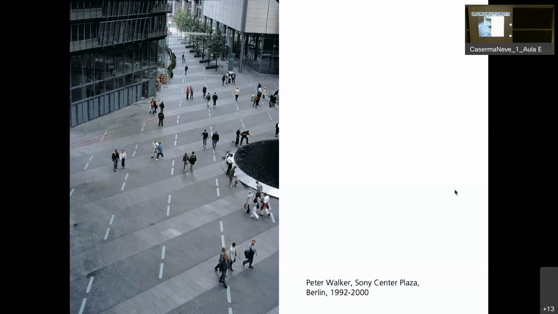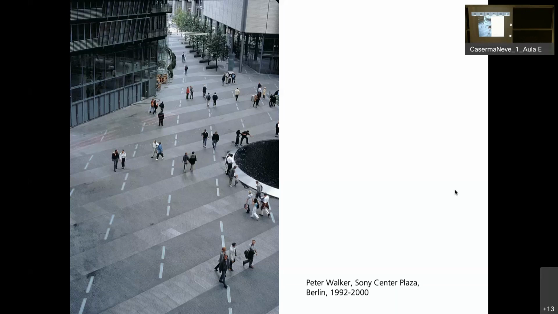He looked a lot to Robert Morris, to Donald Judd, to Sol LeWitt. Many people pronounce it differently, but anyway, it doesn't matter.